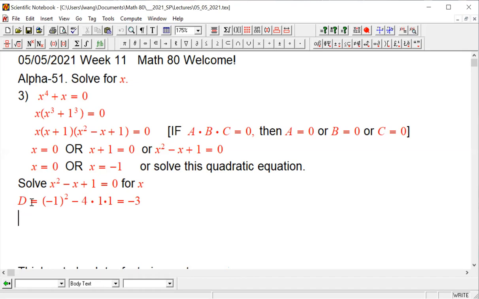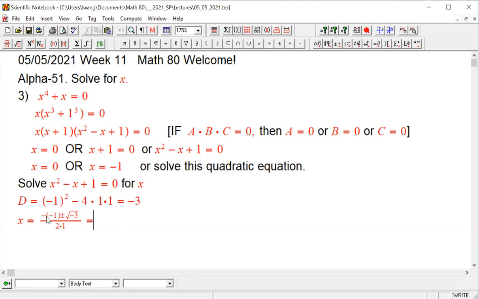So the 2 solutions will be x equals to, 2 times a, a is 1, right? Minus of negative 1, that's negative b, right? Plus or minus the square root of negative 3, right?